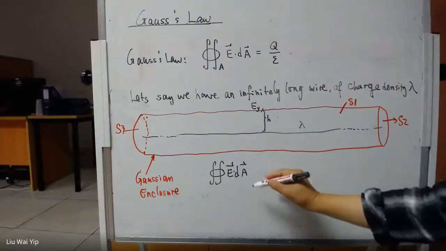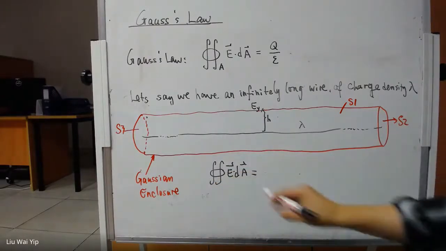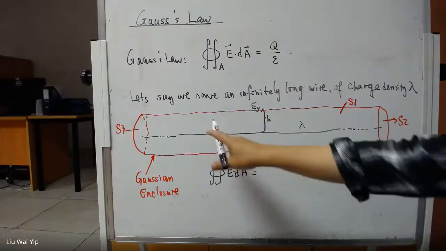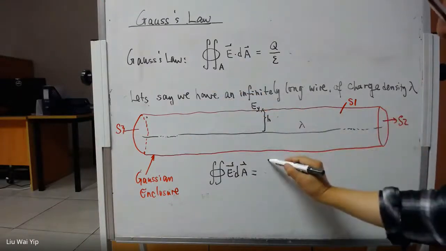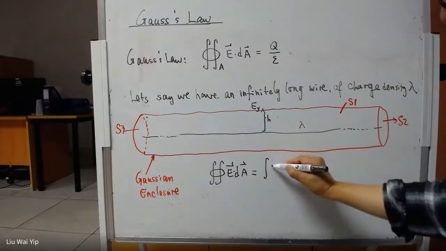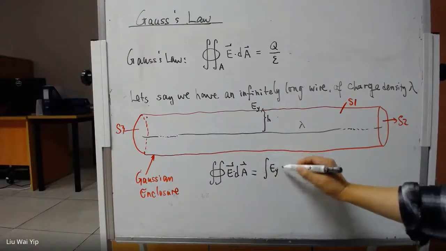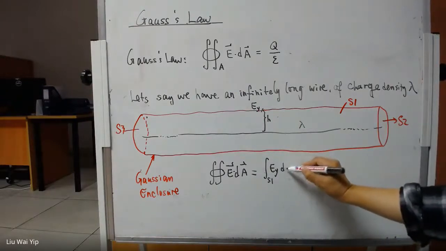Then we have three surfaces. Yeah, let's break down the expression here. We have three surfaces. So one is the S1, the other is S2. So let's say EY, and this one is S1, and dA here.